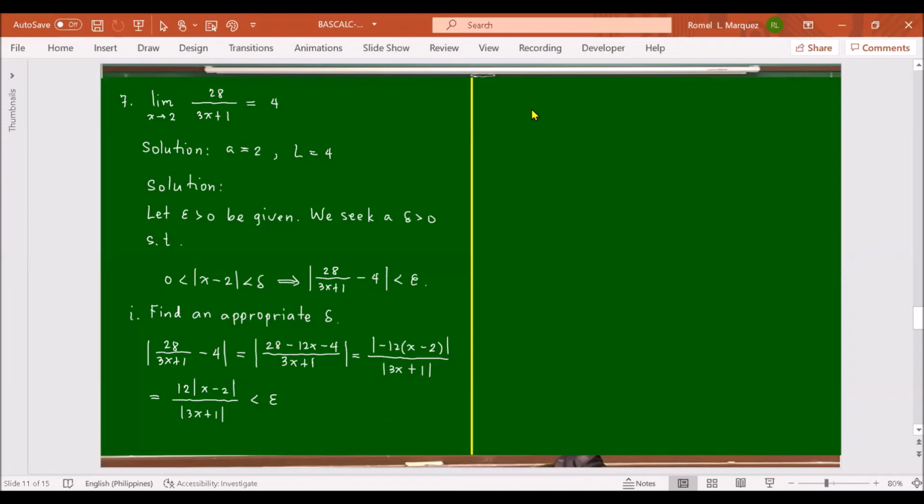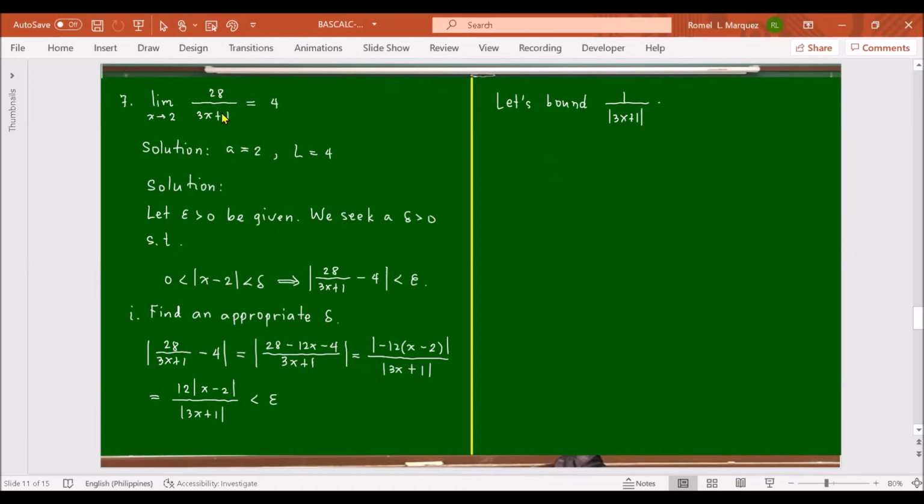So let's now bound 12 over abs of 3x plus 1. How can we do that? You can have 12 over, or you can just have the 1 over abs of 3x plus 1. So let's bound this.